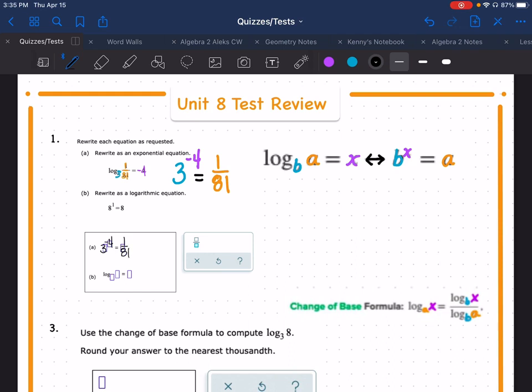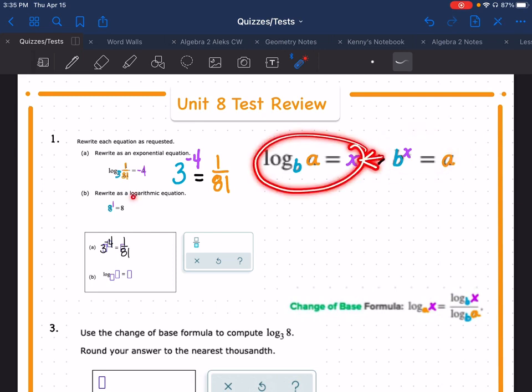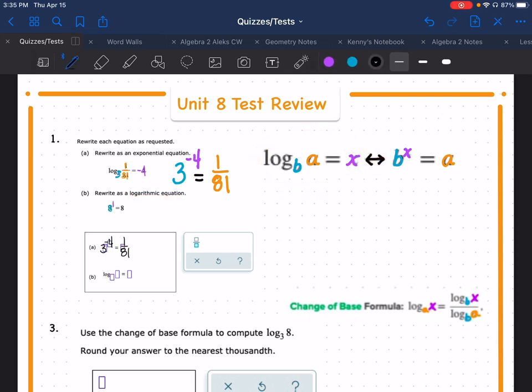All right, same thing for the next one. I'm going to color in what I have, but I'm using this as my template because this one is asking me to change it to the logarithmic. Okay, so I have those. I just need my orange for this one right here.